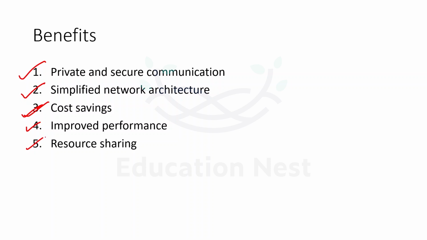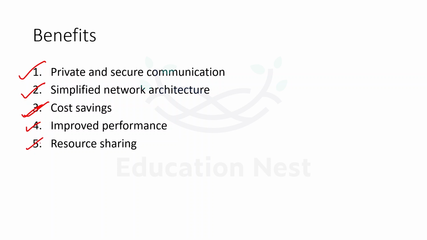It allows you to share resources. This can improve resource utilization and reduce costs by enabling you to share your resources across multiple VPCs. So these are all the benefits of VPC peering.